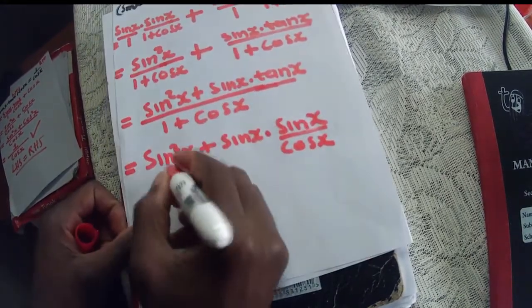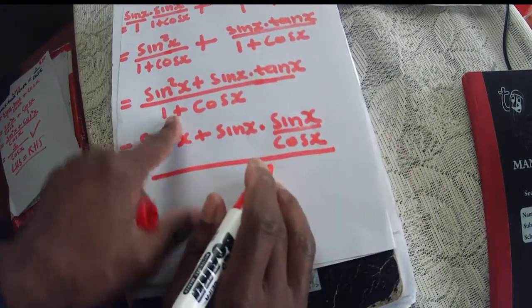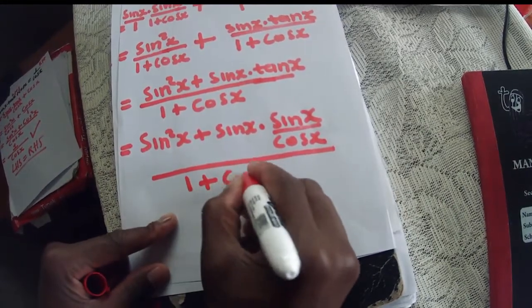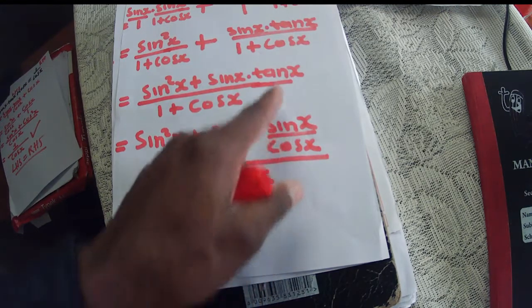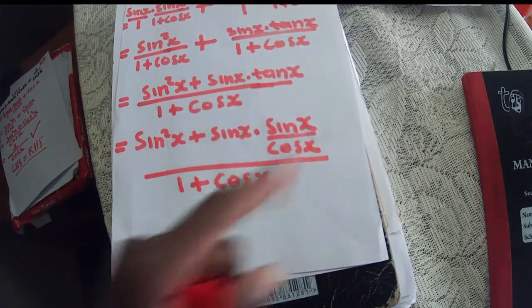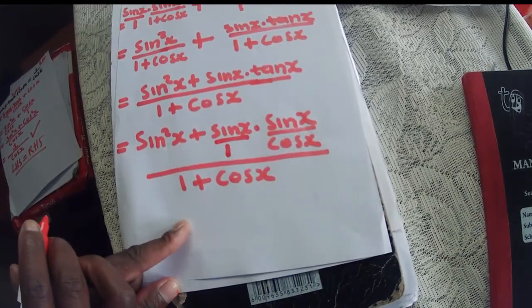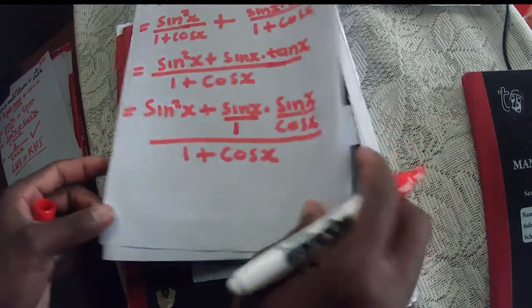All of this divided by 1 plus the cos of x. Don't forget to write that, because now it can look a bit complicated and confusing. So we just changed the tan of x into sine of x over cos of x. So I'm going to make this a fraction. I hope, guys, you can understand that.